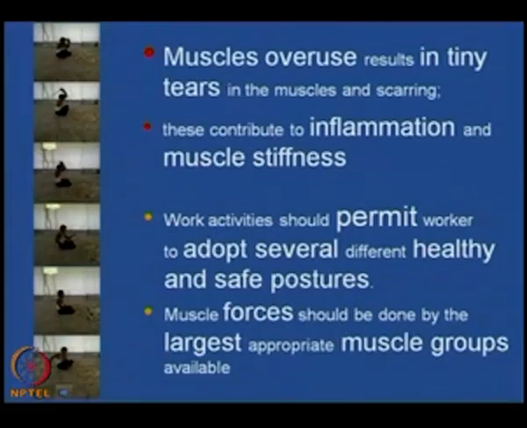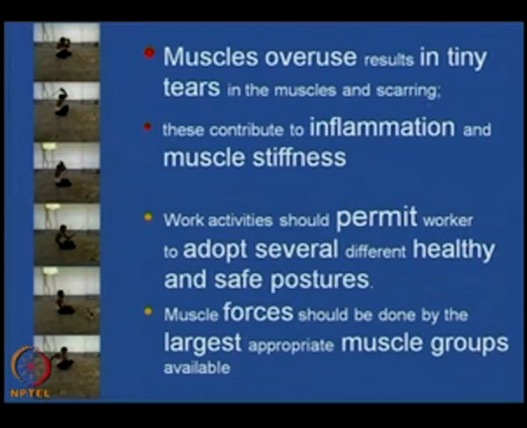Now, from this small movie, if we see the specific postures for beating the cotton with this rod, here we can say that muscle overuse results in tiny tears in the muscles and scarring.